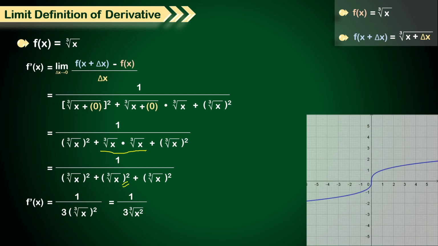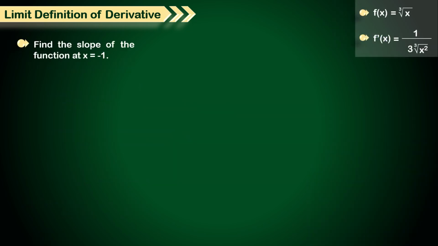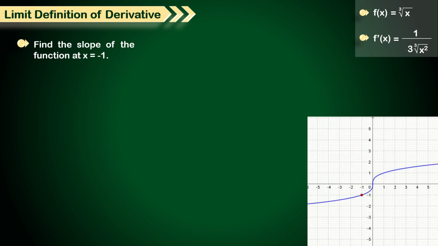This derivative allows us to find the slope of the function at every point. Next, find the slope of the function at x equal to -1. On the graph, this is the point where we want to find the slope of the curve. Substitute the x coordinate to the derivative.